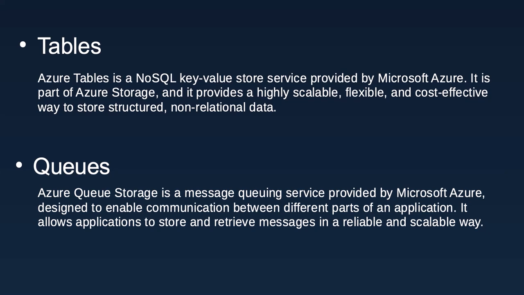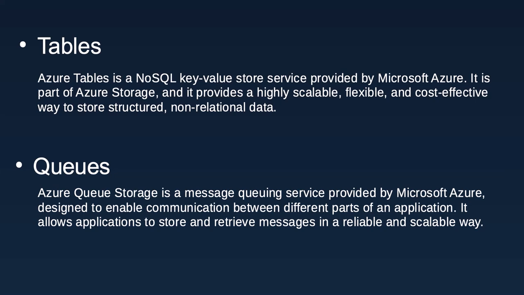It allows applications to store and retrieve messages in a reliable and scalable way. So if you are deploying a microservice in Azure, Queue can be a good fit if you are using a messaging system, right? So Azure can help you in that aspect.